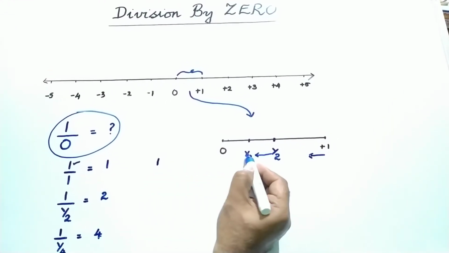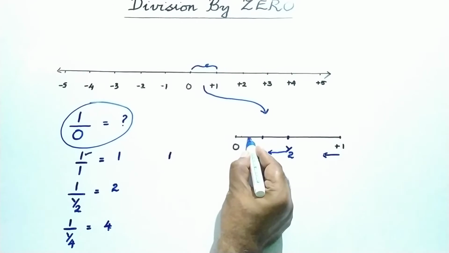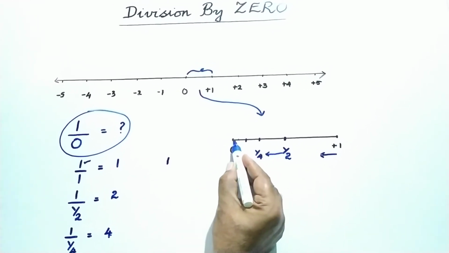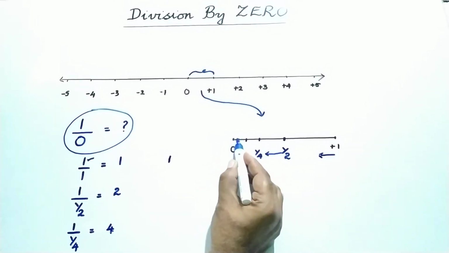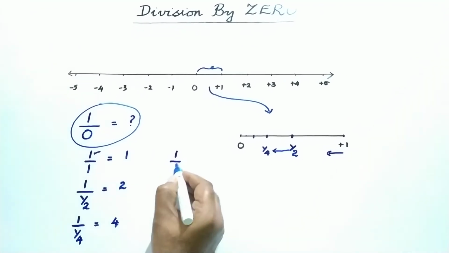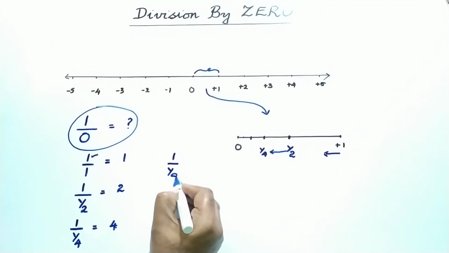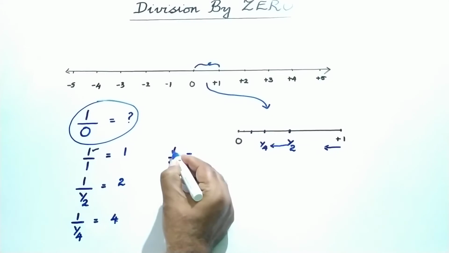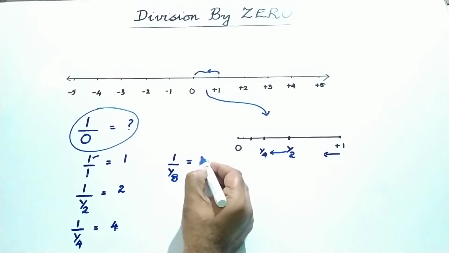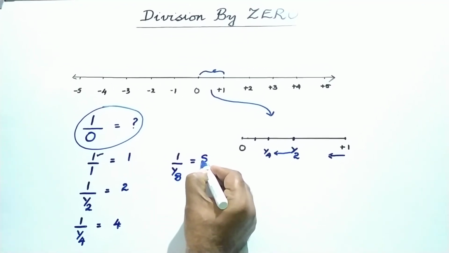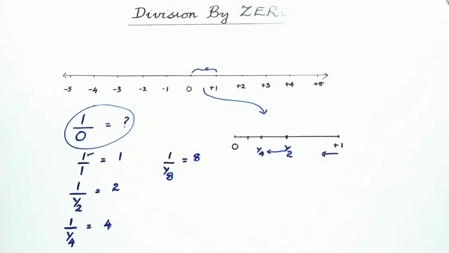I will come still nearer to 0. The midpoint of 0 and 1 by 4 is 1 by 8, and if I divide the numerator 1 by 1 by 8, the answer will be equal to 8.